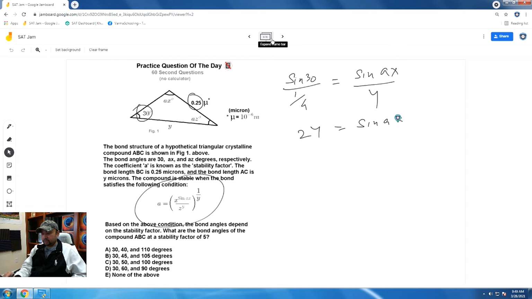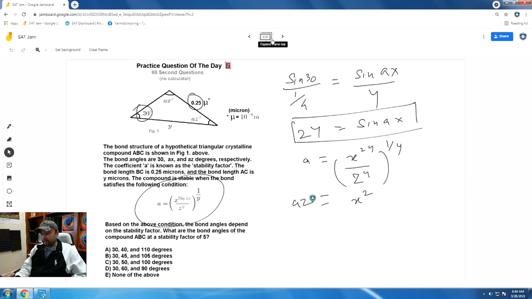Something the equation dominant curriculum will see almost instantly, and then you substitute the value in here, you get a equals x to the power 2y divided by z to the power y, and the y will cancel out, so this becomes x squared equals az. We know that it's a triangle, so ax plus az, which is now x squared, plus 30 equals 180.